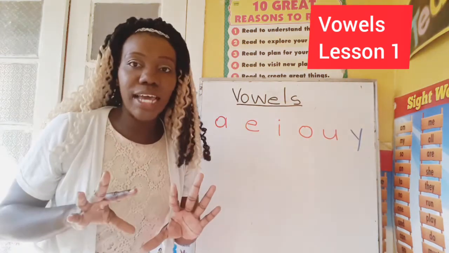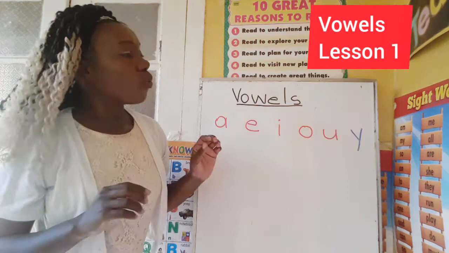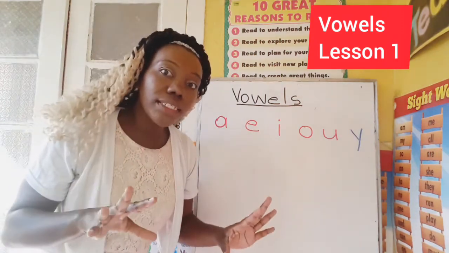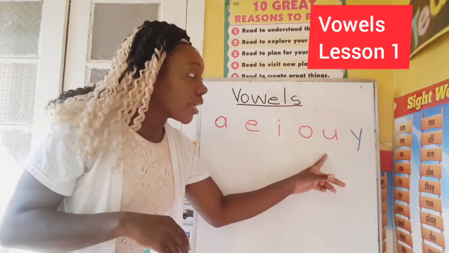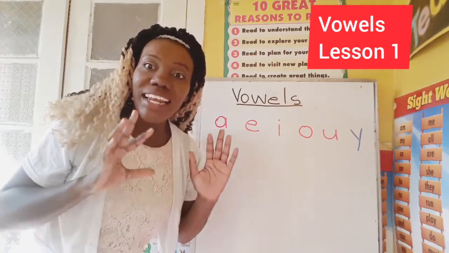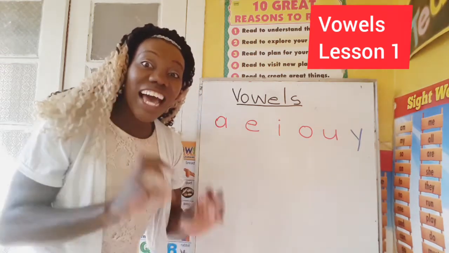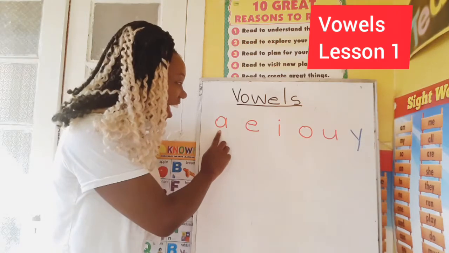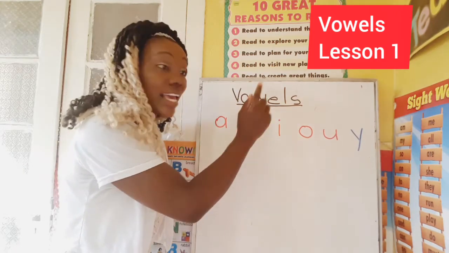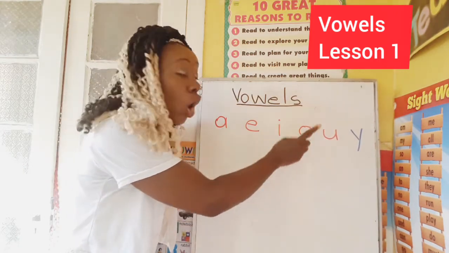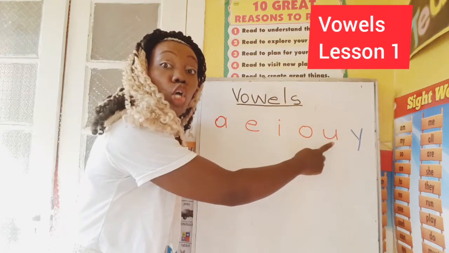And Y is sometimes. Now, when you call the name of any of the vowels, you are making the long sound. A, E, I, O, U.